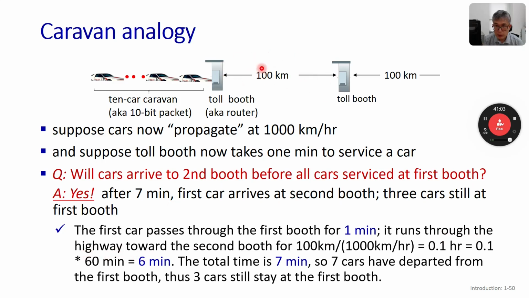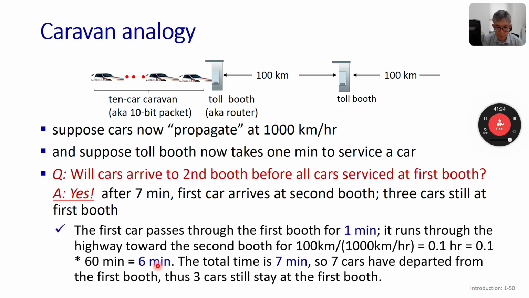Over this 100 kilometer link at 1,000 kilometers per hour, length d divided by the speed is 0.1 hour, which is 0.1 times 60, so 6 minutes.